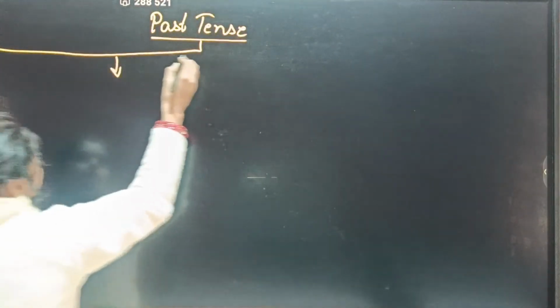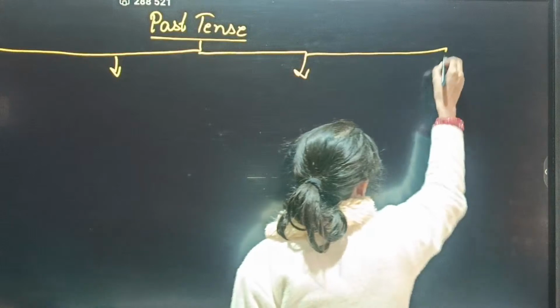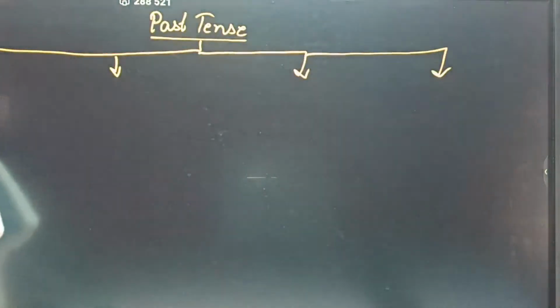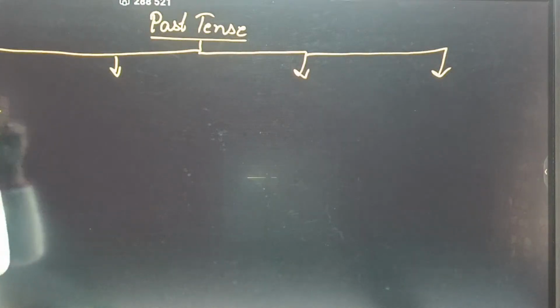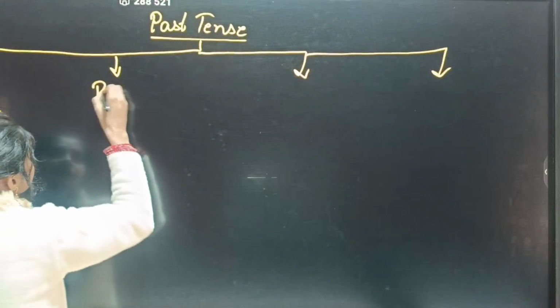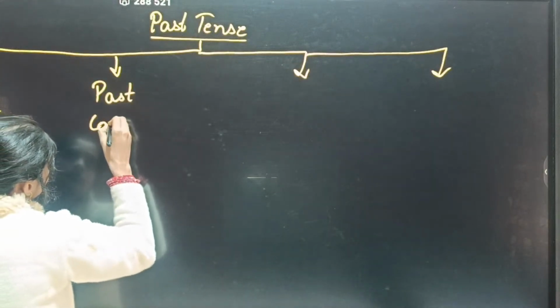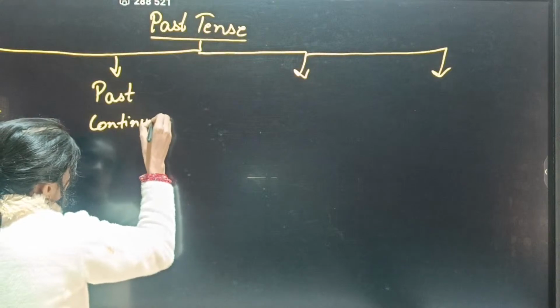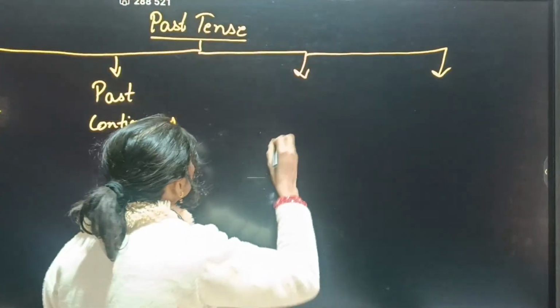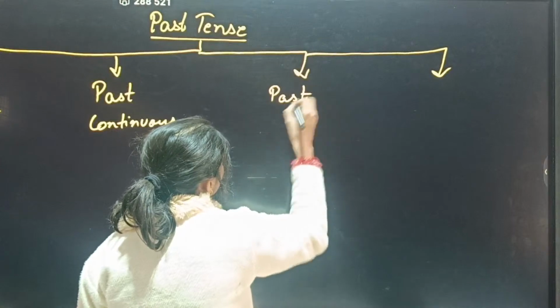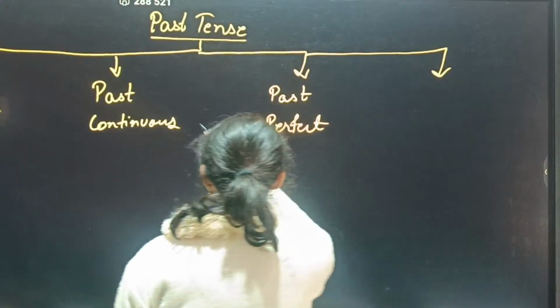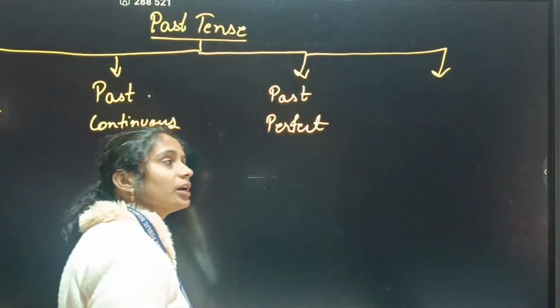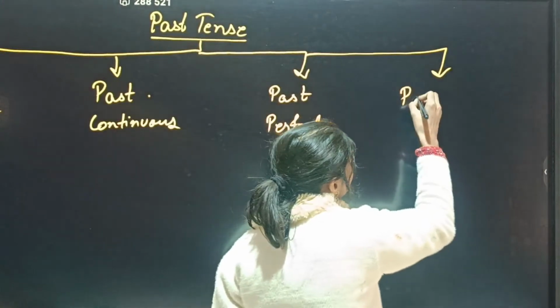Past tense also has four types, similar to present tense. First we have simple past, then past continuous, then past perfect, and lastly the mixture of past continuous and past perfect, which is past perfect continuous.